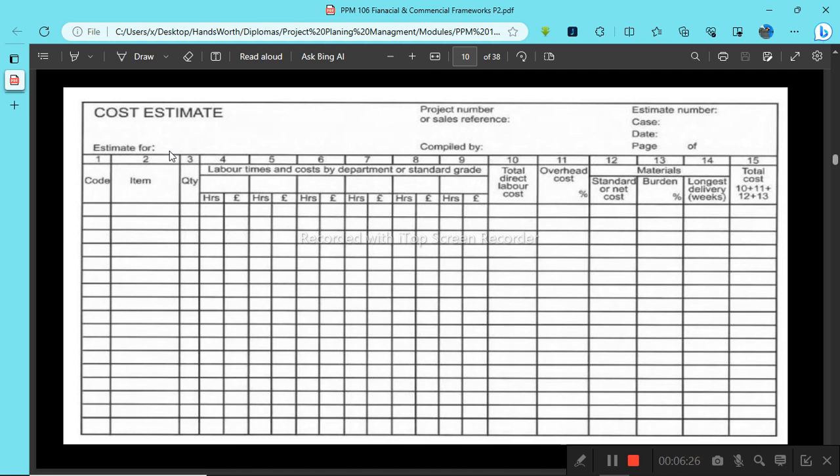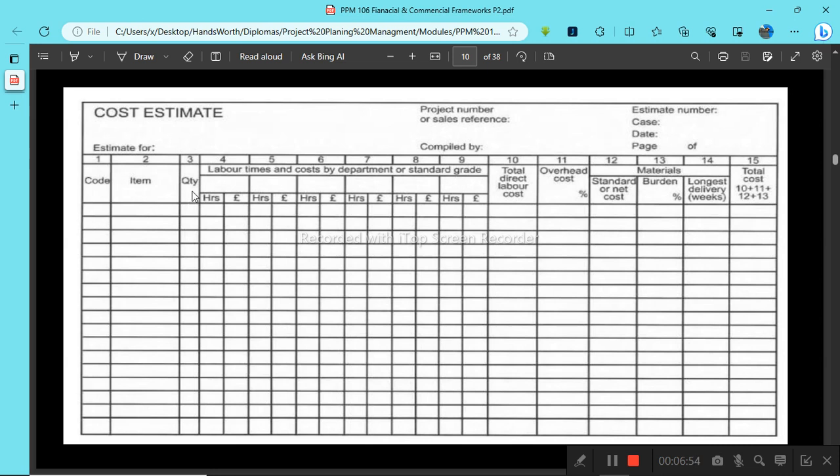And then as you keep scrolling down here, we have got the first column, which is code, and then the second column, which is the item. Each item that you indicate under the item column should have a code. So for example, the first item here, if it is sand, you must give it a code.